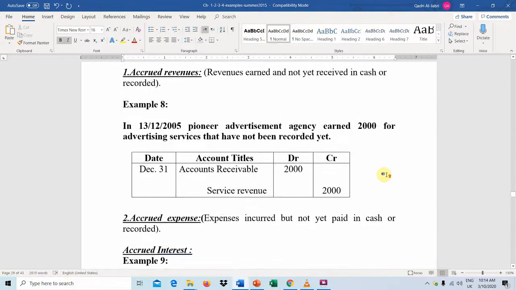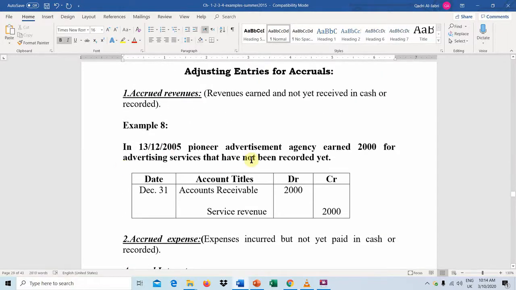For example, here it's saying that on December 31, Pioneer Advertisement Agency earned 2,000 for advertising services that have not been recorded yet. So we provided services for 2,000, but we did not record it yet.